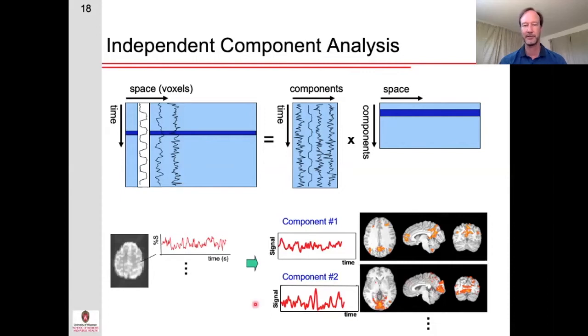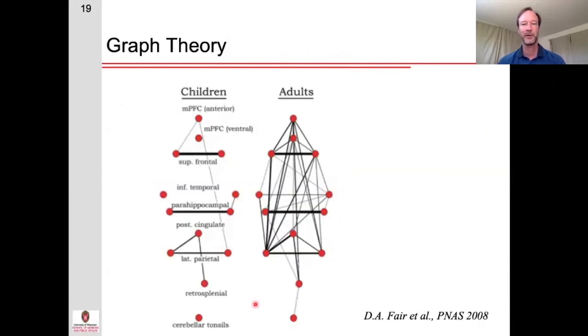And finally, we can look at this as a graph. That is, we can take a priori regions of interest, and this could be either a parcellation of the entire brain or just a subset of some of the regions in the brain. And then we calculate all possible pairwise correlations between these regions.